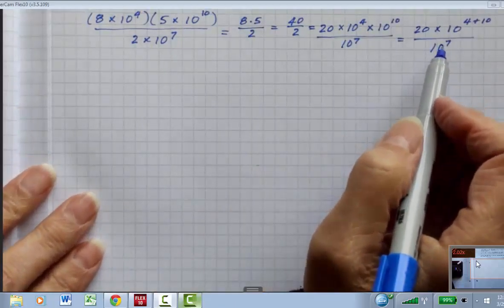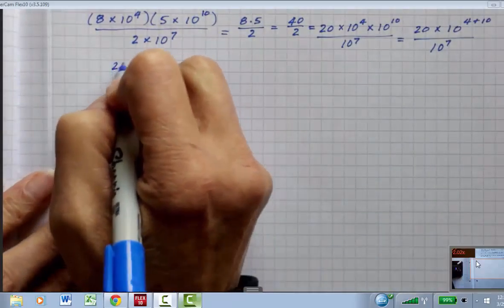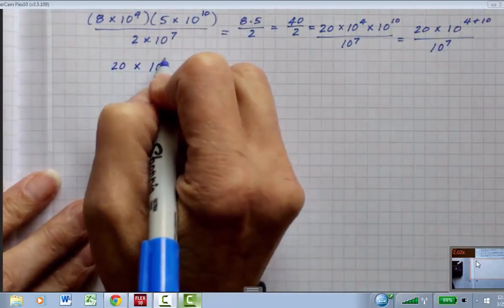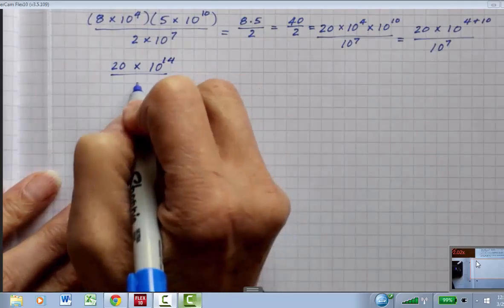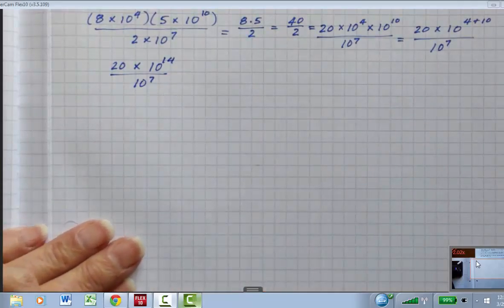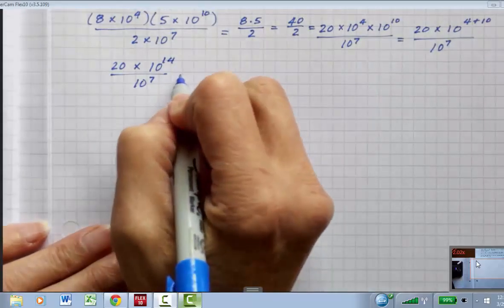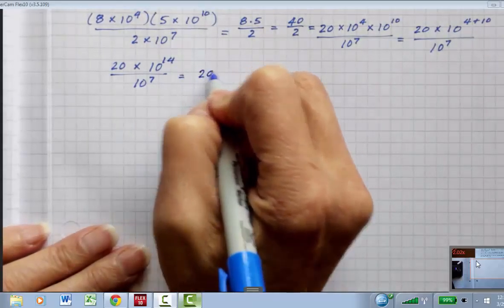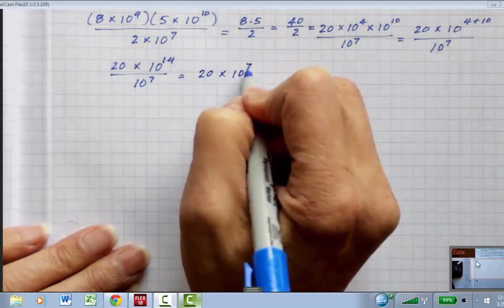Simplifying the numerator, I end up with 20 times 10 to the 14th over 10 to the 7th. Where do I have more 10s? In the numerator. How many more? 7. So it becomes 20 times 10 to the 7th.